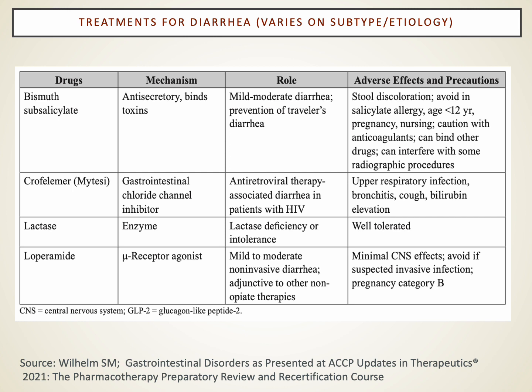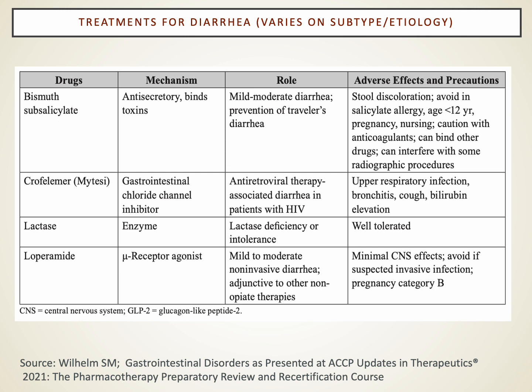The one I didn't talk about, but is listed here and is probably important to think about, is bismuth subsalicylate, or Pepto-Bismol. It's useful for mild to moderate traveler's diarrhea. It binds toxins, and it is moderately effective for diarrhea for patients. You want to be aware of that as an option, and patients may have already tried that before they come to you.